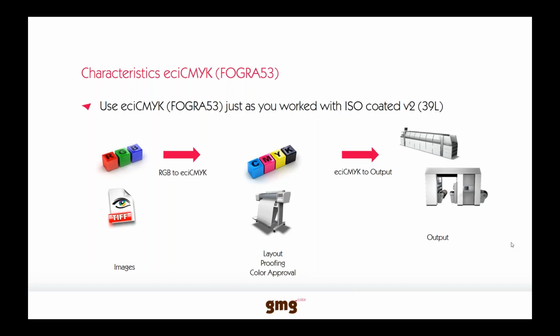And I described the issues we have with that situation, and just for that use case, FOGRA53 has been developed. So before you go to the print, there's always a device link converting from FOGRA53 into your printing condition. Okay, so no new press curve needed, nothing. I hope this is clear.